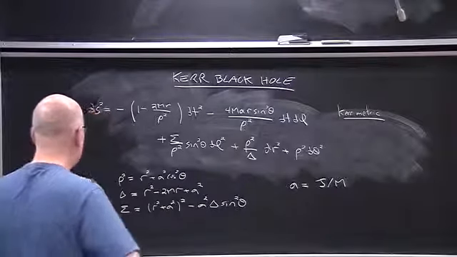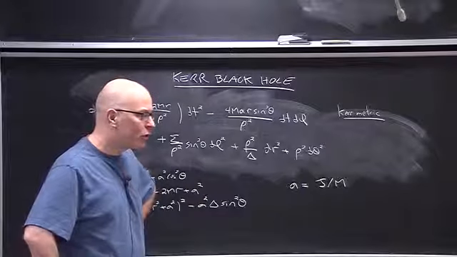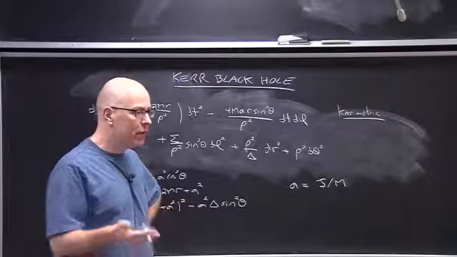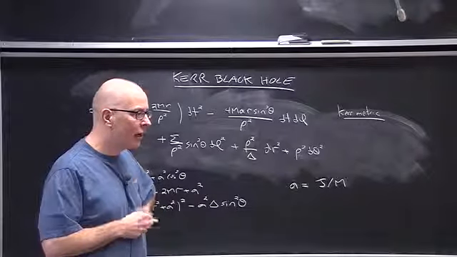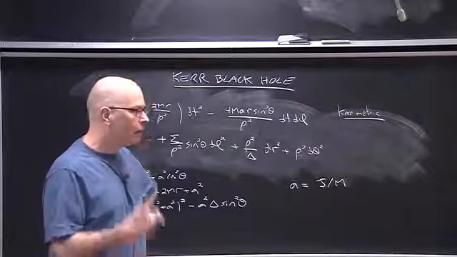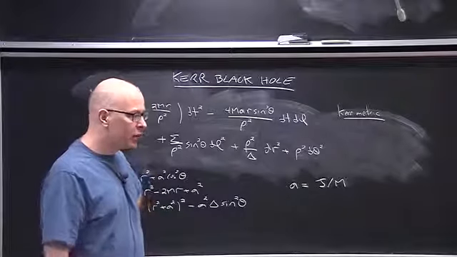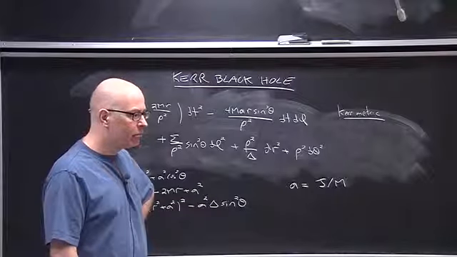We have the same sort of uniqueness property for rotating black holes as we had for Schwarzschild. So in Schwarzschild, we had the Israel uniqueness theorem that said that the end result of gravitational collapse, after the process has settled down to a stationary state, in the non-rotating case, has to be a Schwarzschild black hole.